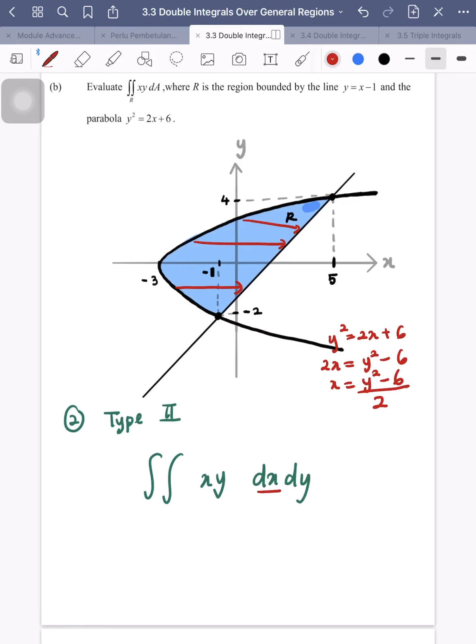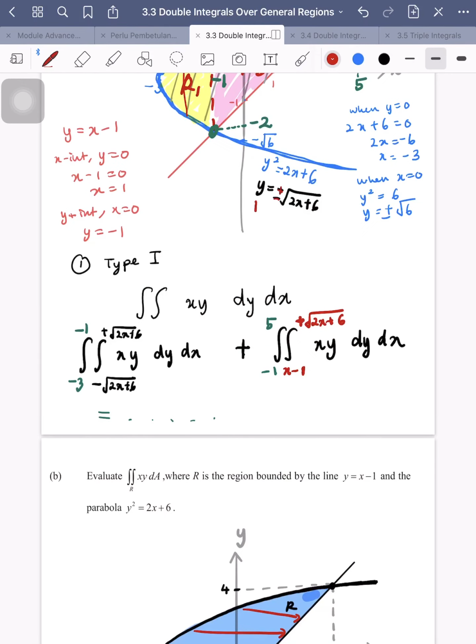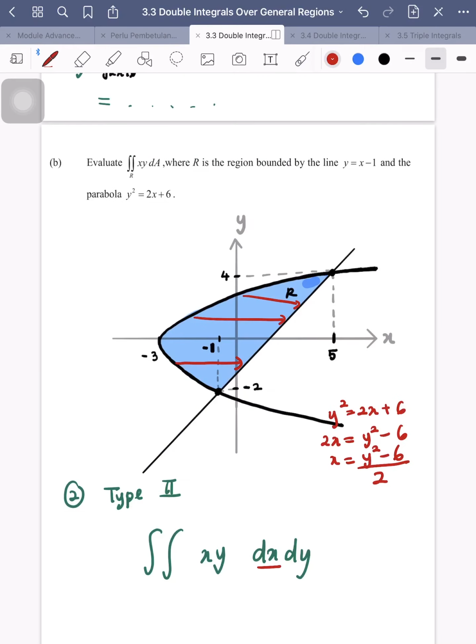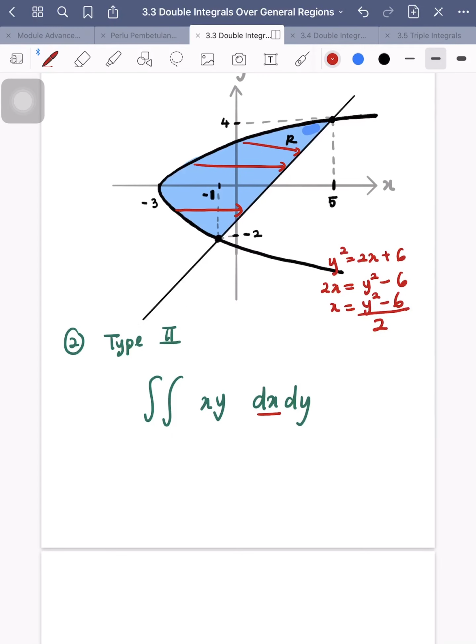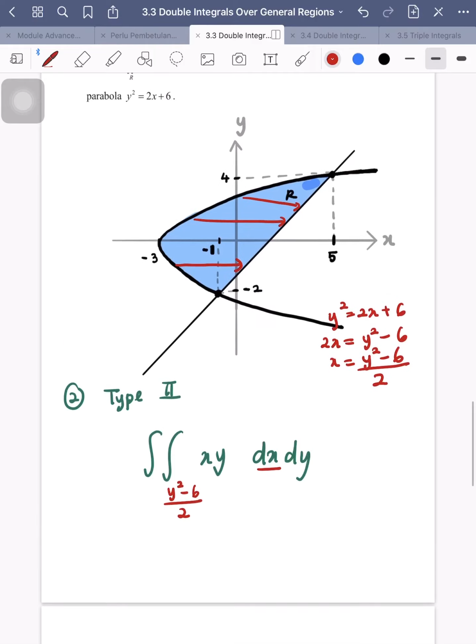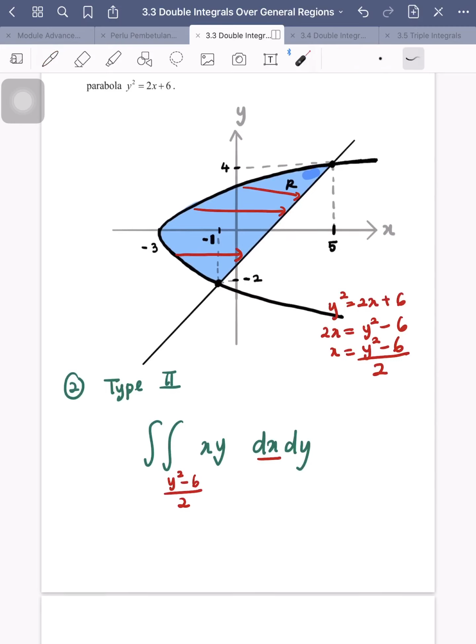I want x only, like this one I want y only. So anything squared, please bring to the other side. So the left limit, (y squared minus 6) over 2, becomes the bottom limit.